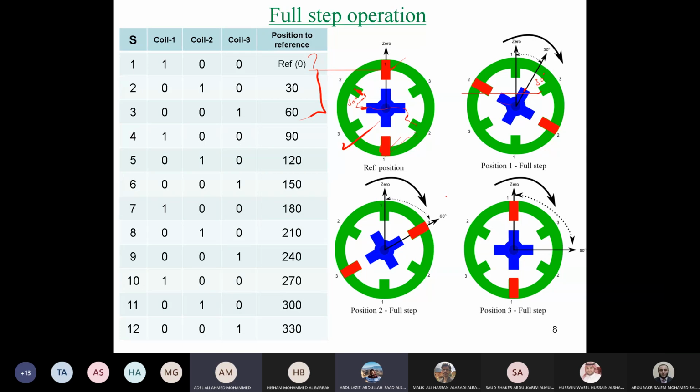1, 3, 2. Let's see together: if we apply the pulse after 1, instead of applying it to coil number 2, we can apply it to coil number 3.